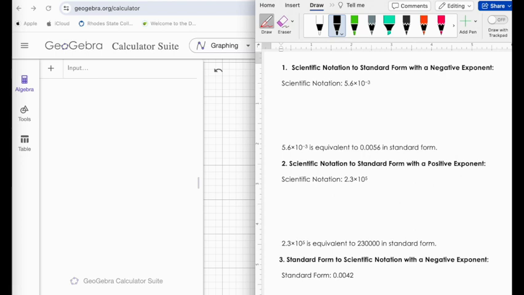So just like 0.5 can be written as a half or 50%, those are different forms of 0.5. Scientific notation is just another way to write a number.